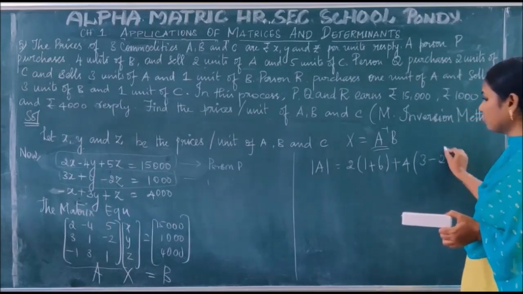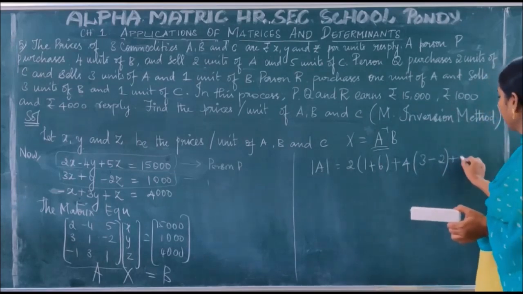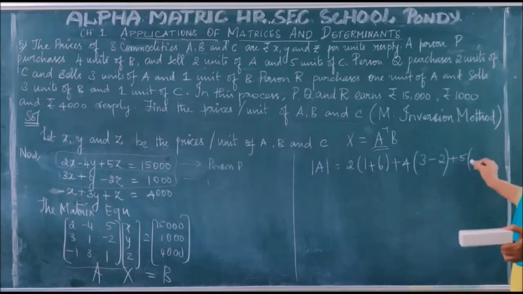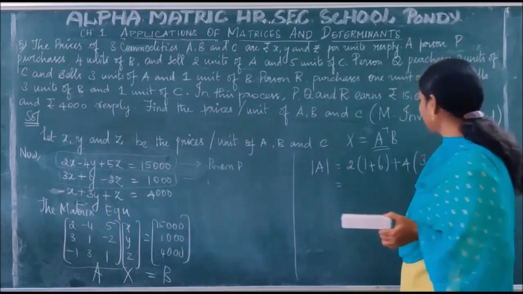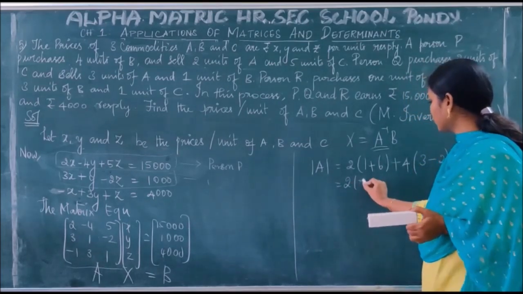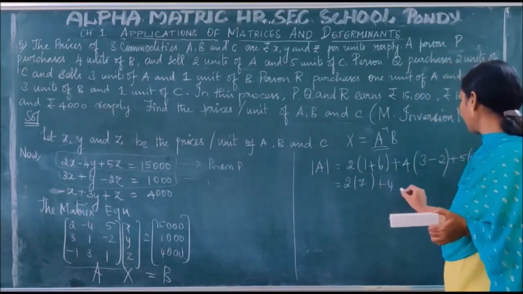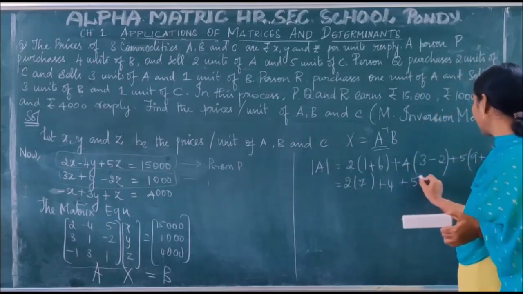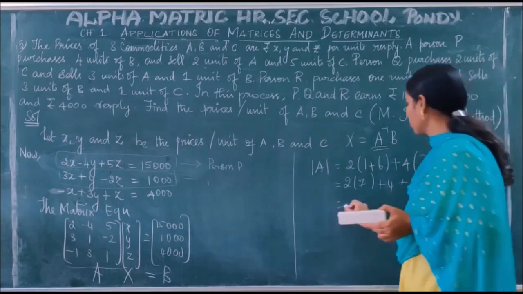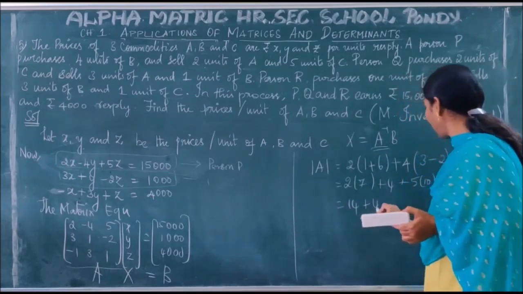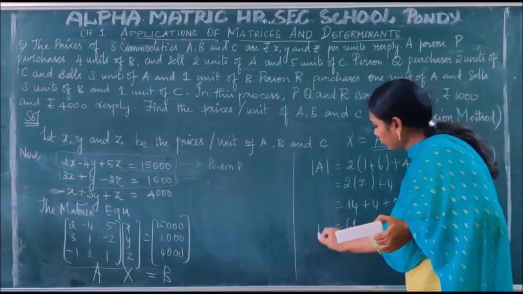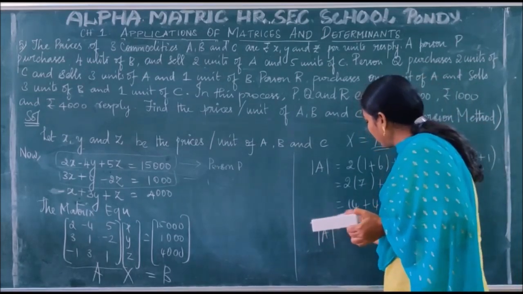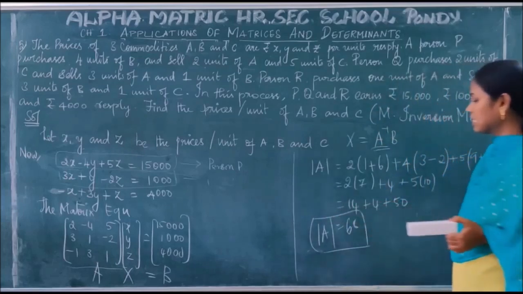So minus 2, again plus 5 of 9 plus 1. So we are going to take a big value, since 2 times of 7 plus 4 plus 5 into 10, which is equal to 14 plus 4 plus 15, which is equal to 68. Okay. So the determinant value of A is equal to 68.